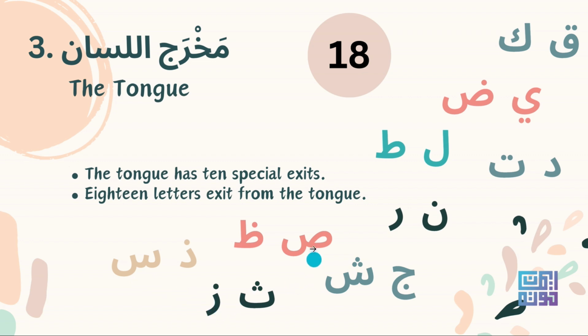Okay, inshallah, we're taking them into details throughout our course, inshallah. So what we need to know now is that the tongue has 10 special exits. The tongue as an organ has 10 special exits where all those 18 letters are pronounced from.